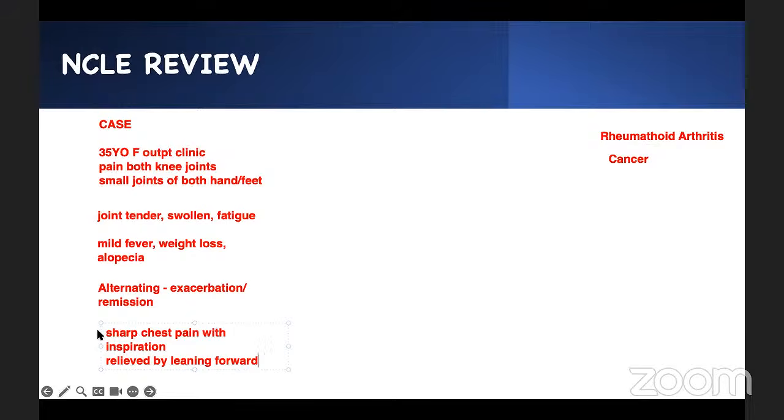So does that give you a clue? You look at the chart, you saw painless oral ulcers. Somebody thinks this is pericarditis. Or painless oral ulceration.